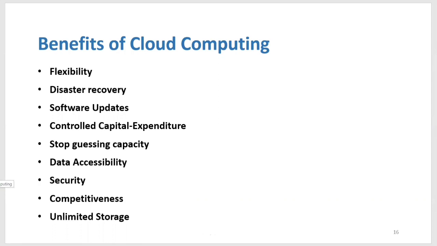AWS is number one because of its advantages, because of AWS global infrastructure. If you are comparing the infrastructure of cloud providers, AWS is number one these days. So guys, we are focusing on AWS.